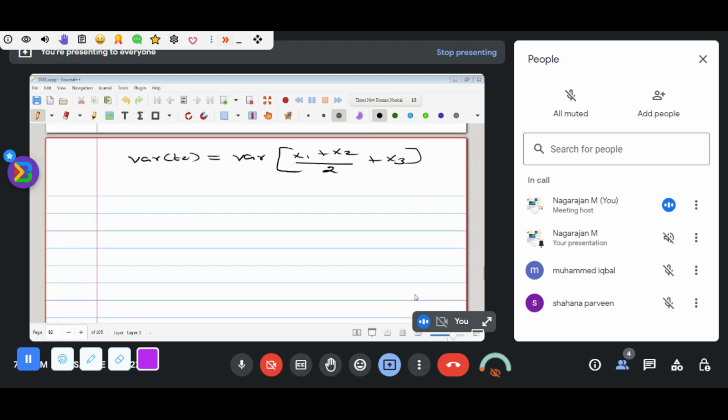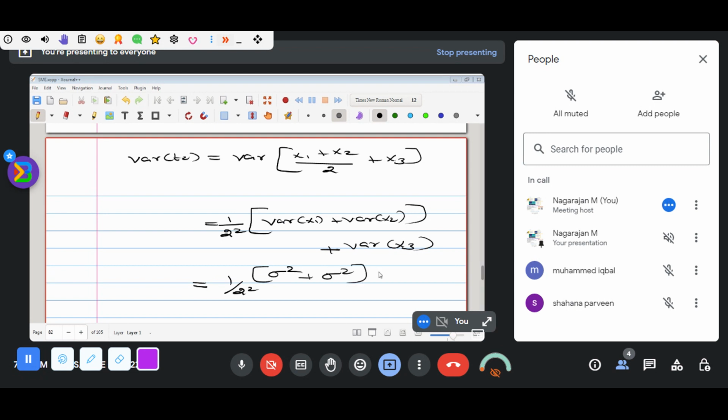Now we take the variance separately. 1 by 2 is a constant term, therefore I put 1 by 2 squared into variance of x1 plus variance of x2, and outside, another one, variance of x3. Variance of x1 is sigma squared, variance of x2 is also sigma squared, and variance of x3 is also sigma squared.